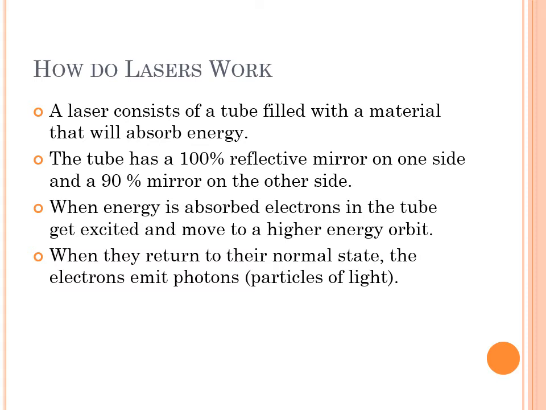And so as the light is bouncing inside of that tube, it goes to the 100% mirror and then back to the 90. So 10% of that light is the output of our laser. And that's what we see when we shine a laser on something.